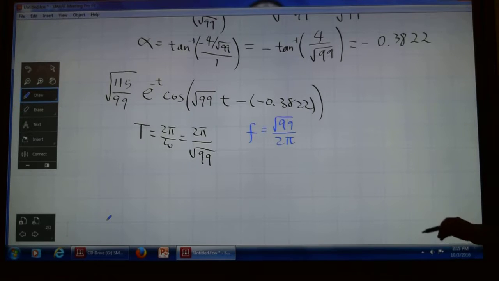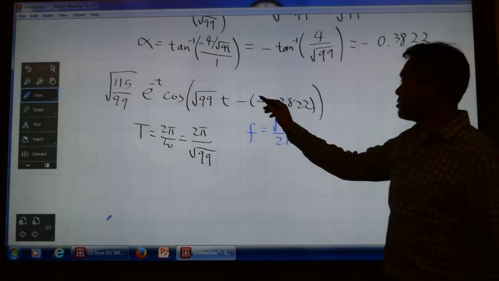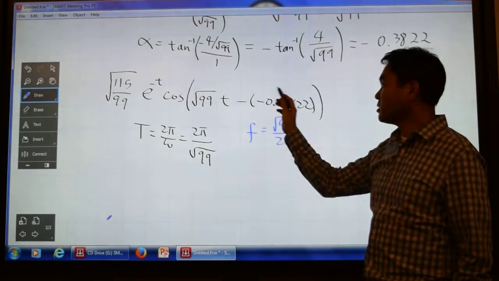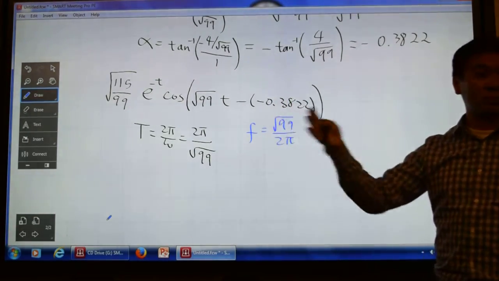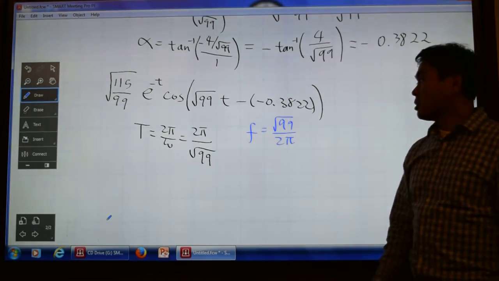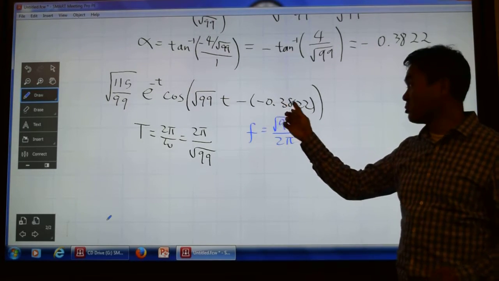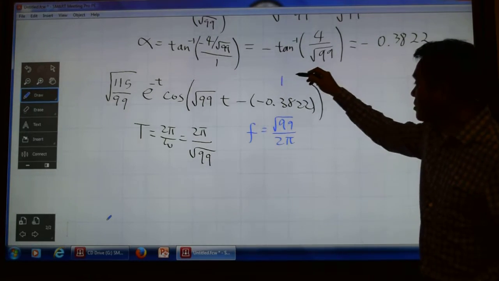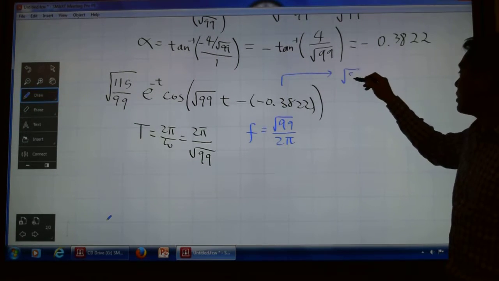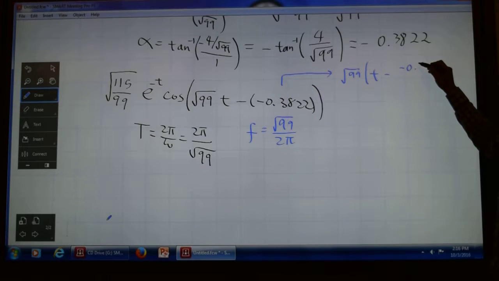Okay, but now here's the time lag thing. What is the time lag? Well, it's trying to explain what this is doing. If you have this, it shifts something to the left or right. Because this is minus, it's going to be moving to the left. But the graph itself is not really moving exactly by this. In order to see how much it really moves, you have to switch this inside as square root of 99 t minus negative 0.3822 divided by square root of 99.